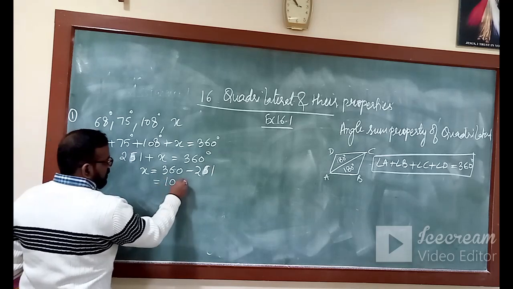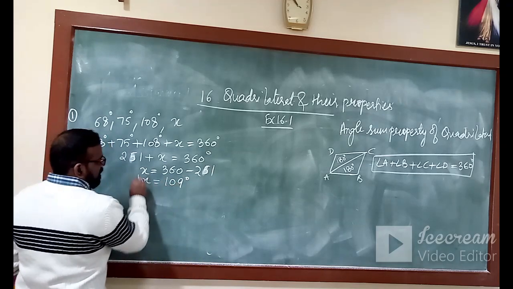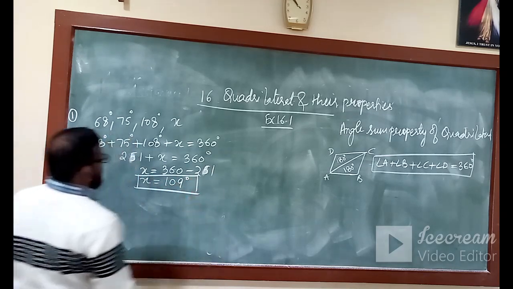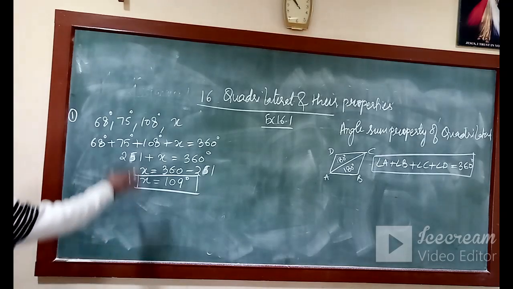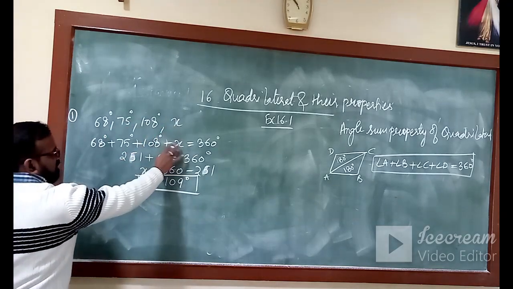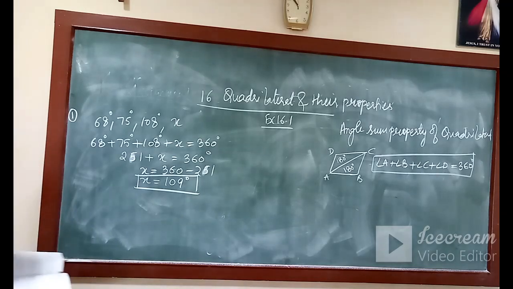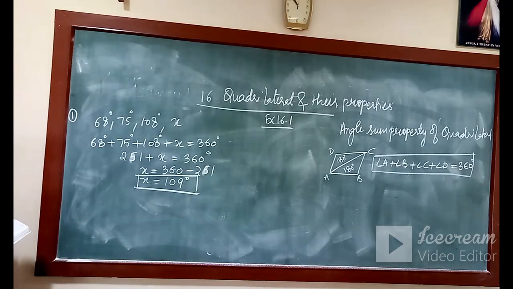So we will get x equal to 109 degree. Very easy question, you have to just add these angles. Let the fourth angle be x, and we will use the angle sum property of the quadrilateral.